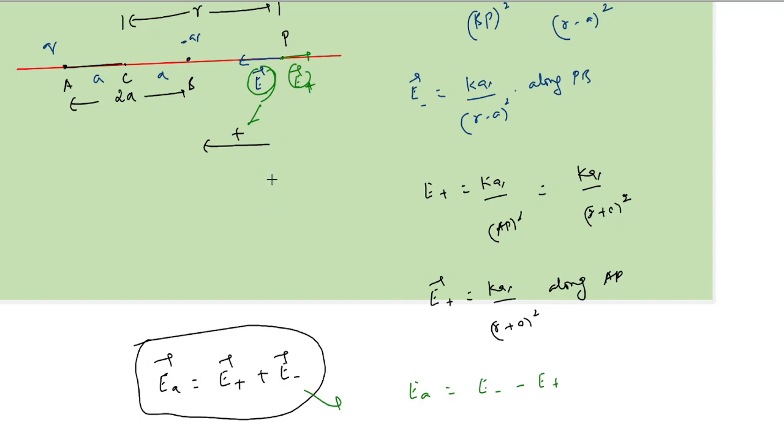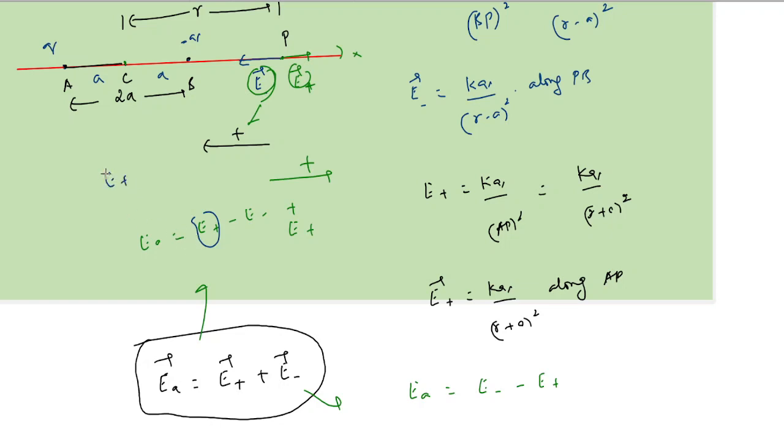Suppose I take this as plus direction, if somebody is confused, if you take this as the origin, if you take this as x-axis, in that case E plus would become positive and then E minus becomes negative. Then this equation transforms to the form EA is equal to E plus of minus E minus. Do remember here E plus is a single term. Here it is E suffix plus.